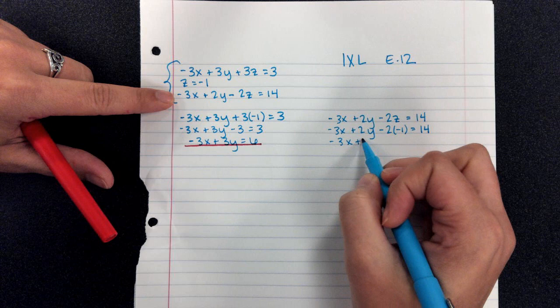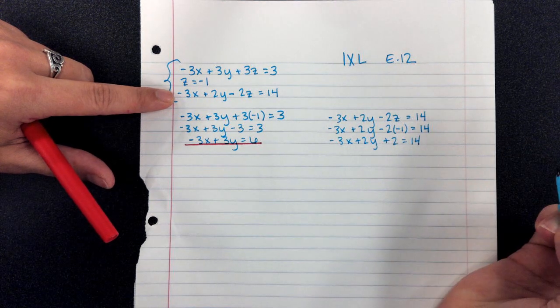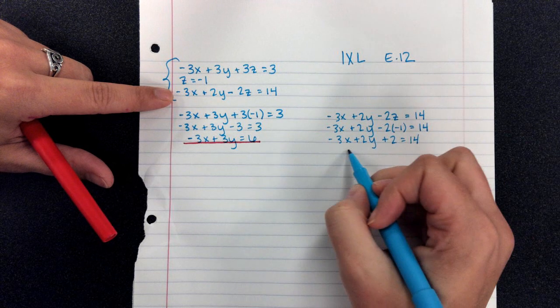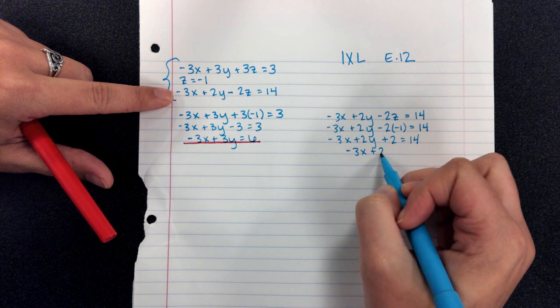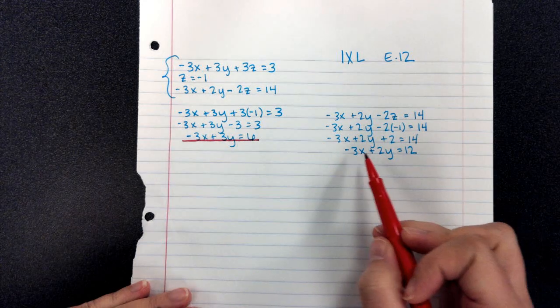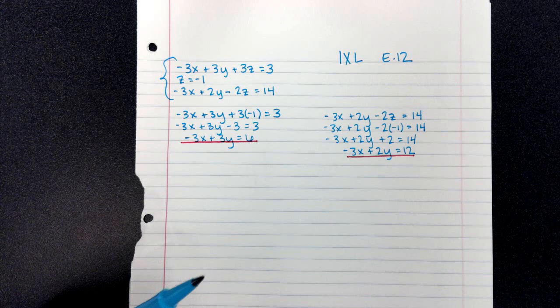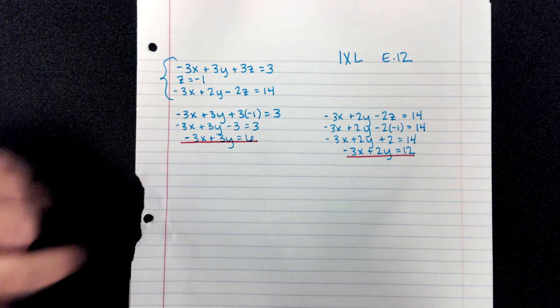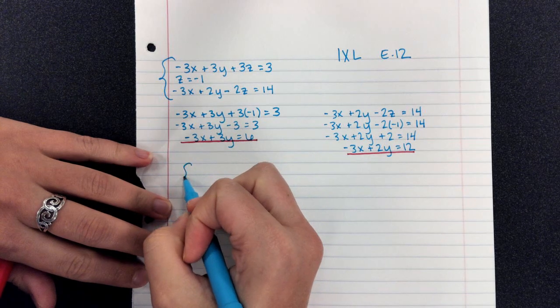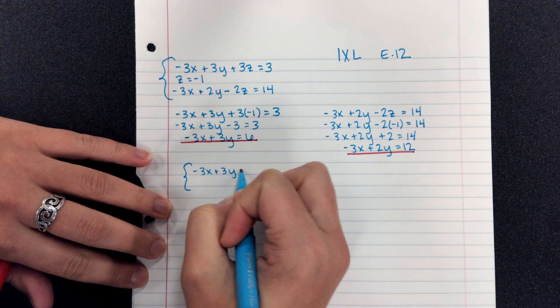Negative 3x plus 2y plus 2 equals 14. And if I move that 2 over, I have negative 3x plus 2y equals 12. So this is my second equation. So now what I really have is a system of two equations.